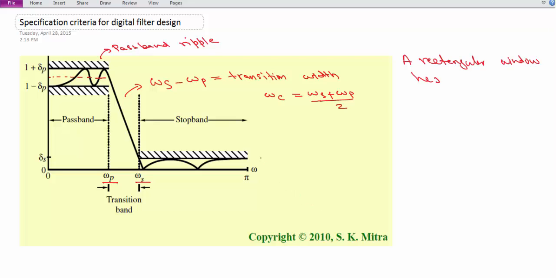And stop band ripple is where you want things to be 0, but they are not really 0. And a rectangular window has both the ripples of the same size. So delta P equals delta S equals delta.